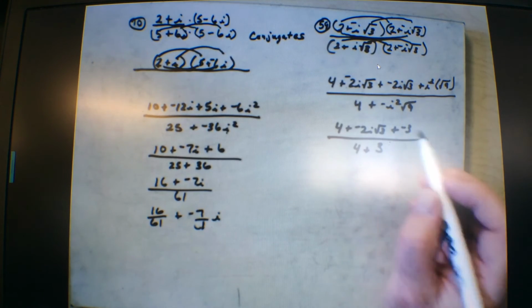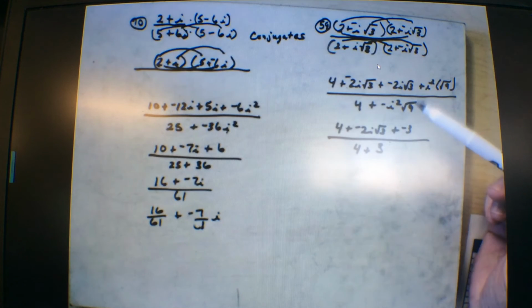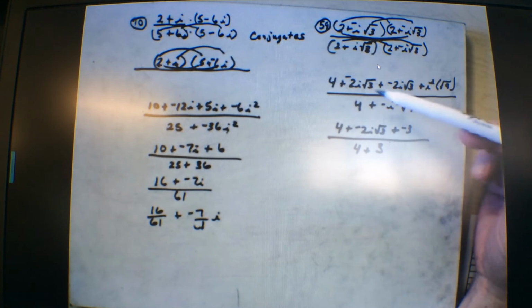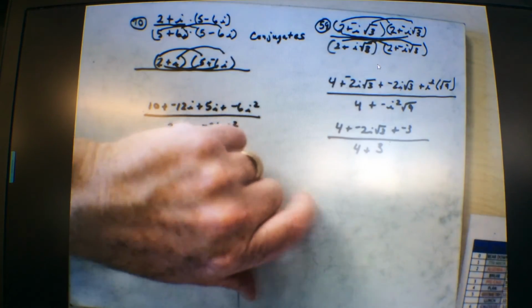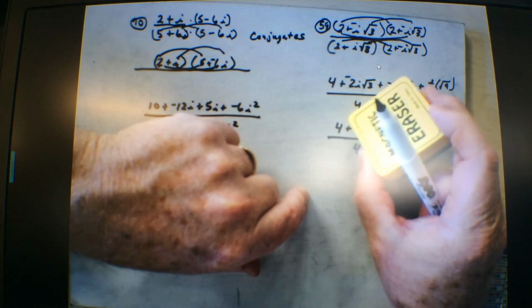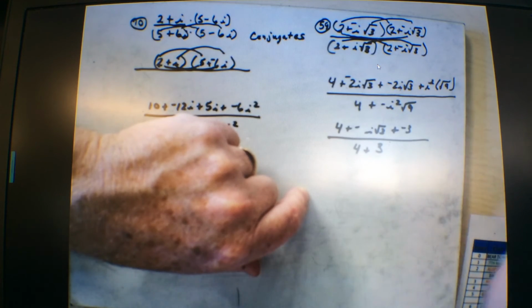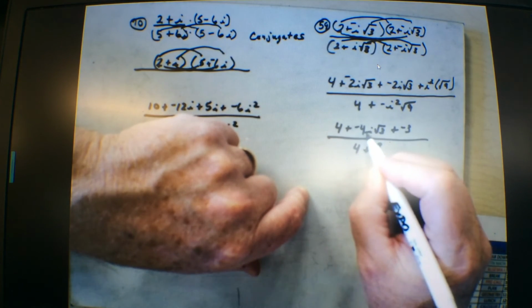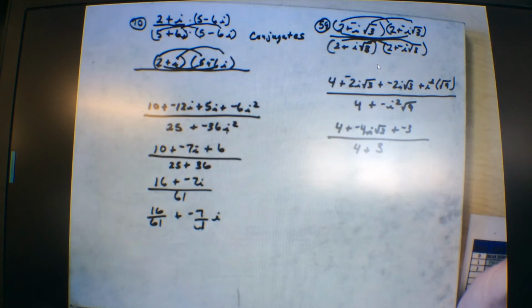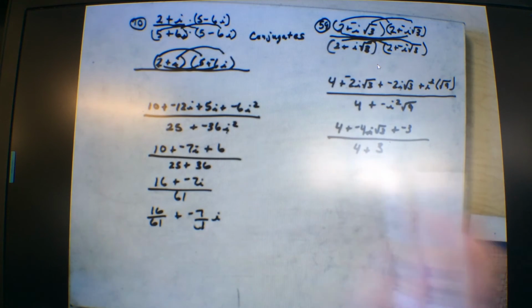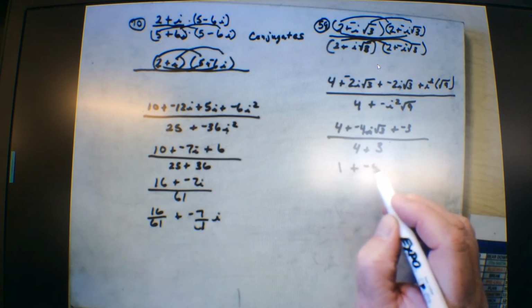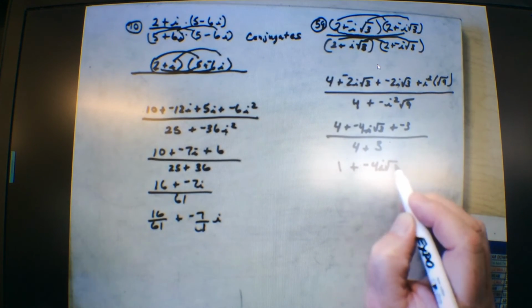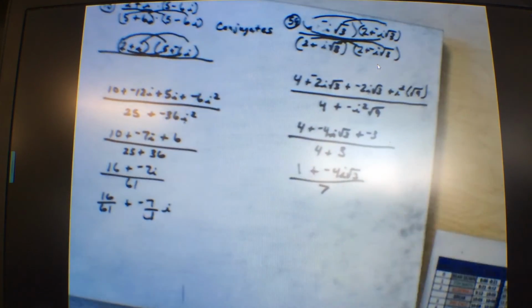Okay, so how did you get rid of the 1? Like, up top you have 2, right there. You have 2 of those, and yeah, I messed up there. You called me on it, Bo. You're right. This should be what? Negative 4. There you go. Thank you, Bo. So now I have 4 plus negative 3 is 1 plus a negative 4i square root 3 over 7.